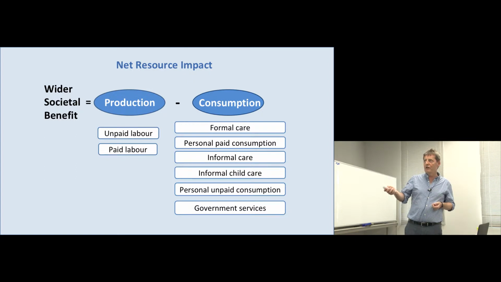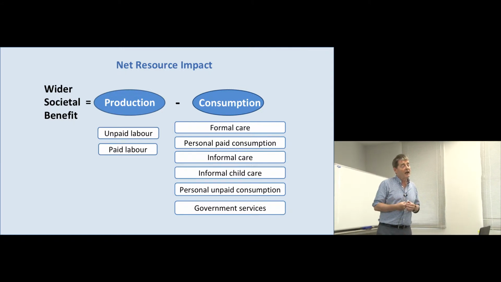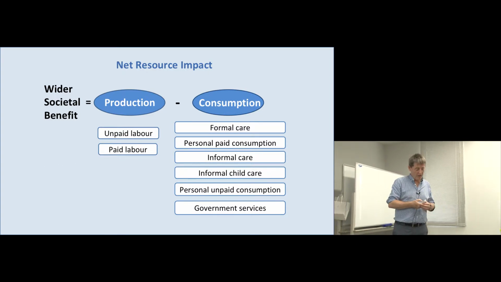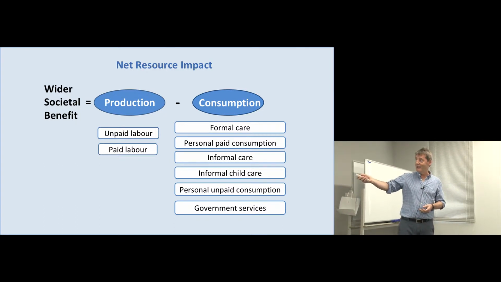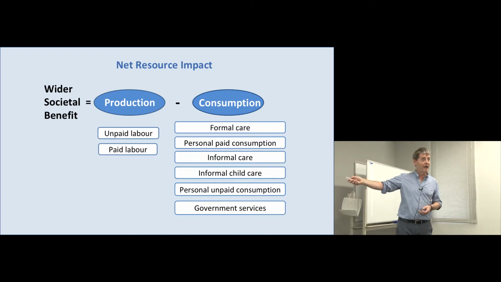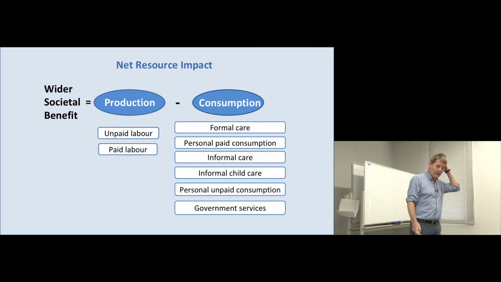Patients are not only potential producers or actual producers, they are also consuming resources. They consume most obviously formal health care, but they also have informal care. They consume government services. There's a list of things they consume. And so the idea being, if we return a patient to health, not only will we have an impact on their production, we'll probably have an impact on their consumption. Particularly, formal care will go down, and maybe consumption of other government services might go down.